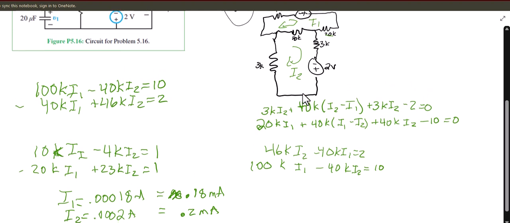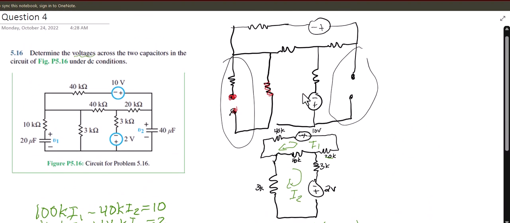Okay, so now let's go back and try to answer our original question, which is what is the voltage across the capacitors. Okay, so now what I'm going to do is I'm going to label this point as V, I'll label this point as V1, and I'll label this point as V. And I2 goes like that.